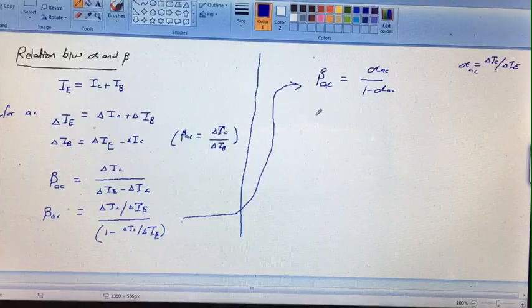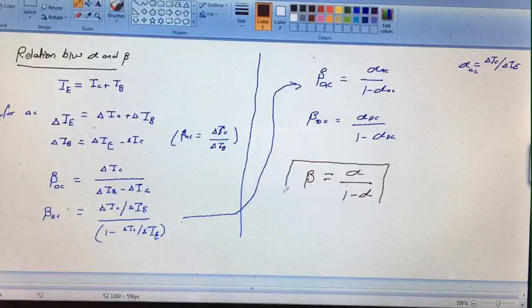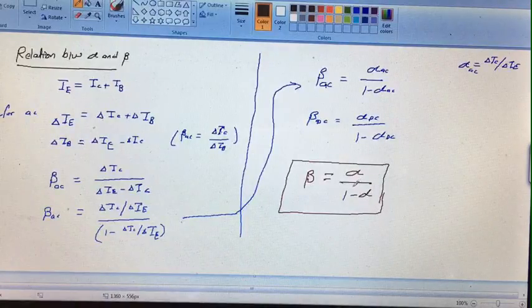And for beta DC, similarly, it will be equal to alpha DC upon 1 minus alpha DC. So commonly we can write beta is equal to alpha upon 1 minus alpha. Current gain in common emitter configuration is always equal to the current gain in common base configuration upon 1 minus current gain in common base configuration, and beta is always greater than 1.